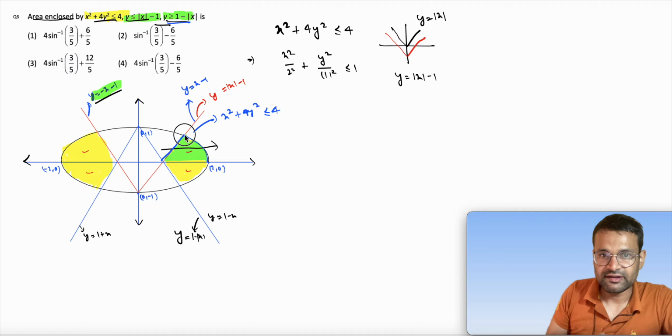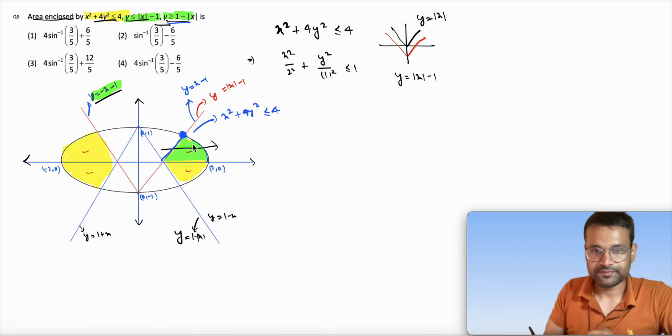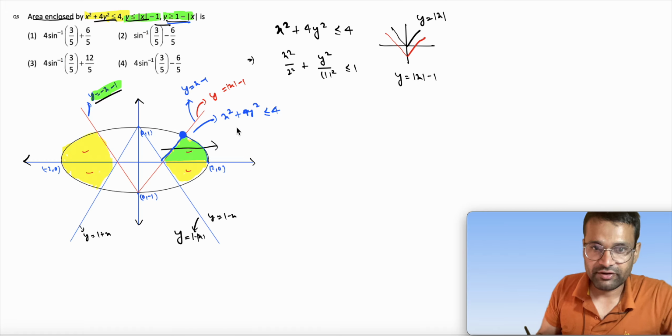Now we find this intersection point. Which intersection point am I talking about? I am not coloring with yellow, I am taking a different color. I think that blue one. Okay, we find the coordinates of that point.